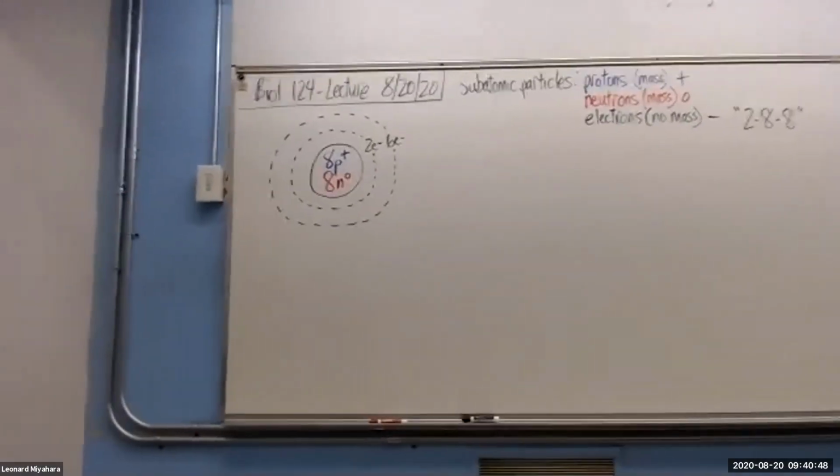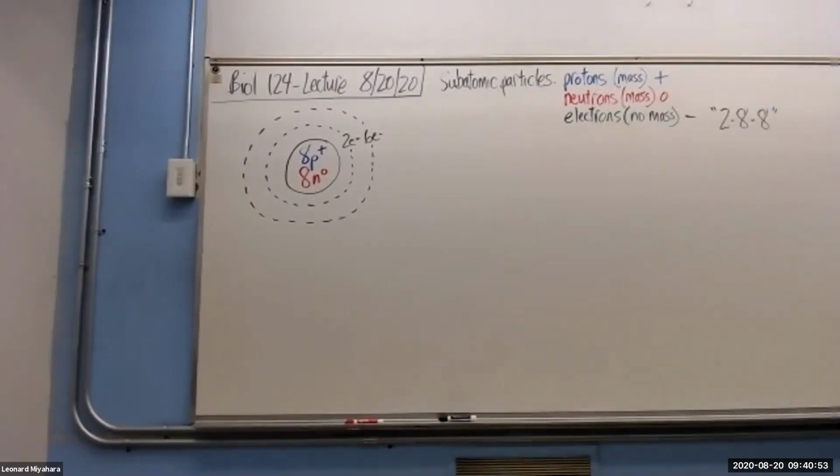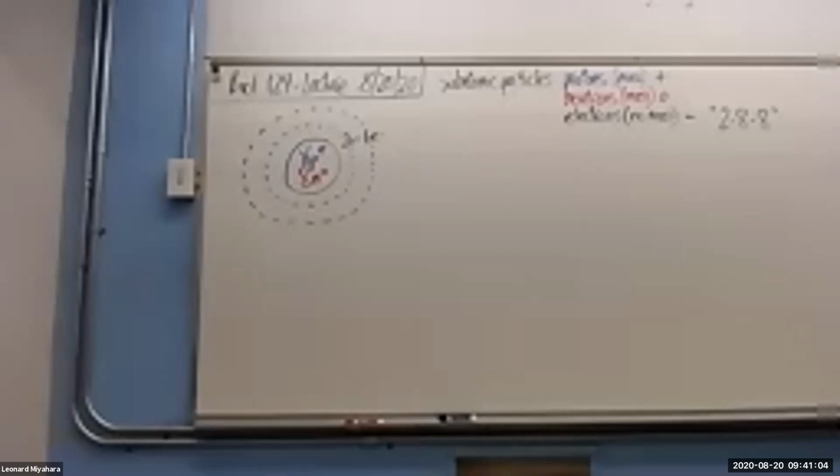That's the 2. If there are 2 electrons there, it is full. Okay? Then the next shell can fit 8. If there is more than 8, it's got to go to the third shell outside of it.